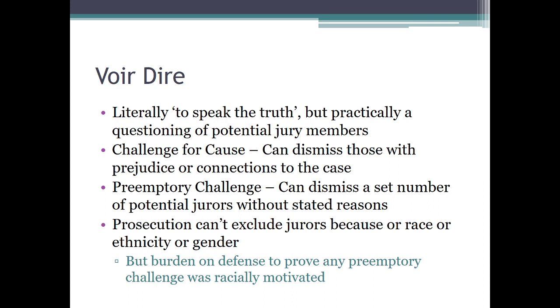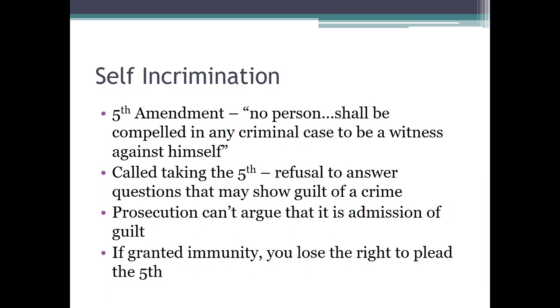So let's suppose we have a black defendant and it winds up an all-white jury because the prosecution excuses the 3 possible black jurors that could sit on it. Well, you might say that means that he violated this rule. Well, as the defense attorney, I've got to prove he did, and that's pretty hard. It's a burden on the defense, which means a lot of the time the prosecution simply gets away with it. And of course, that's a defense attorney's perspective there.